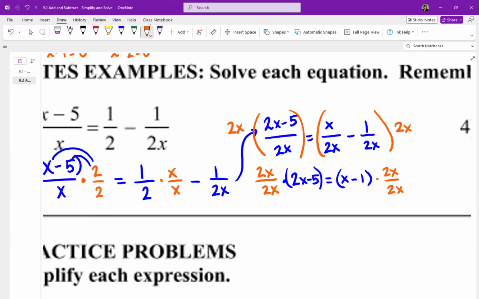However, before I stop writing them and stop using them, I need to make sure what the excluded values are, because those values would make the original problem not solvable. So I can't allow 2x to be equal to 0.